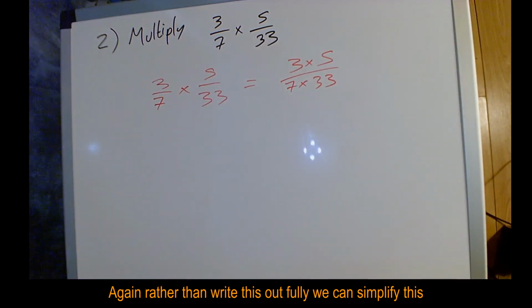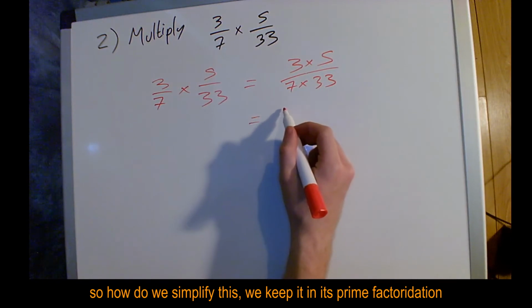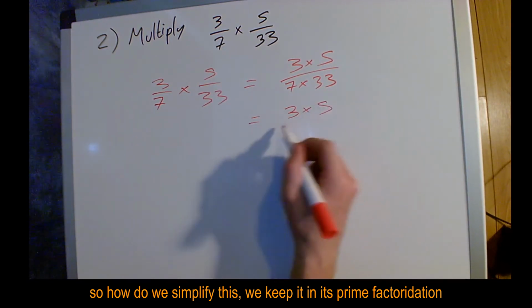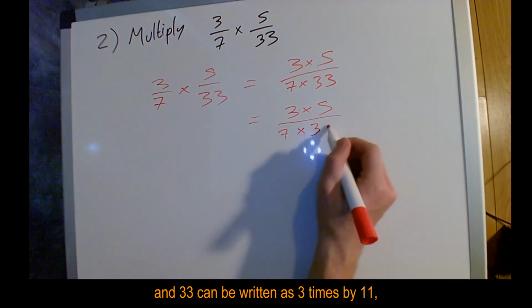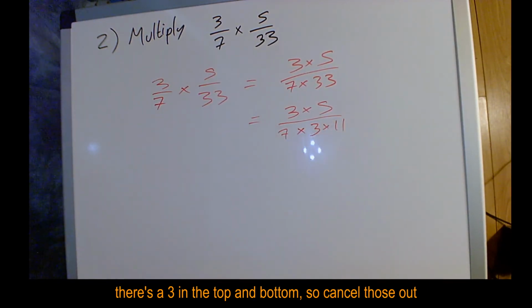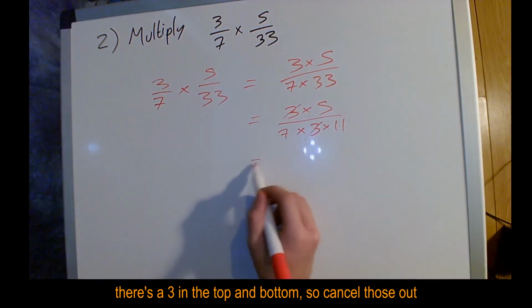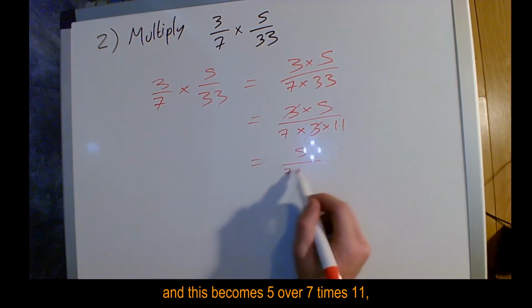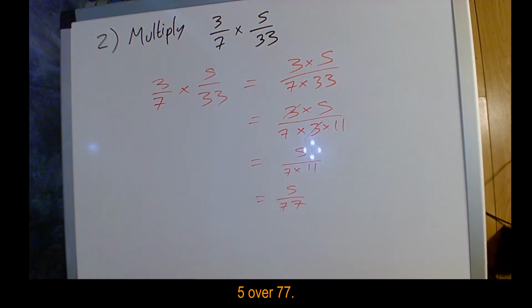And again, rather than write this out fully, we can simplify this. So how would we simplify this? Well, we can keep it in its prime factorisation form. And 33 can be written as 3 times 11. There's a 3 in the top and the bottom. You can cancel those out, and this becomes 5 over 7 times 11, 5 over 77.